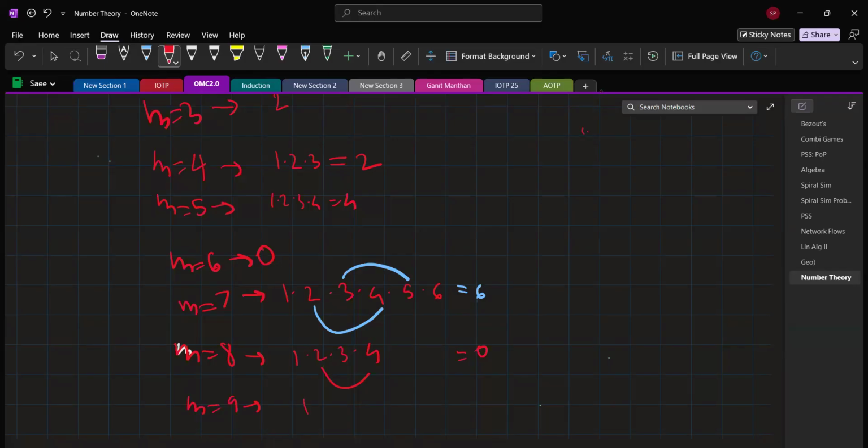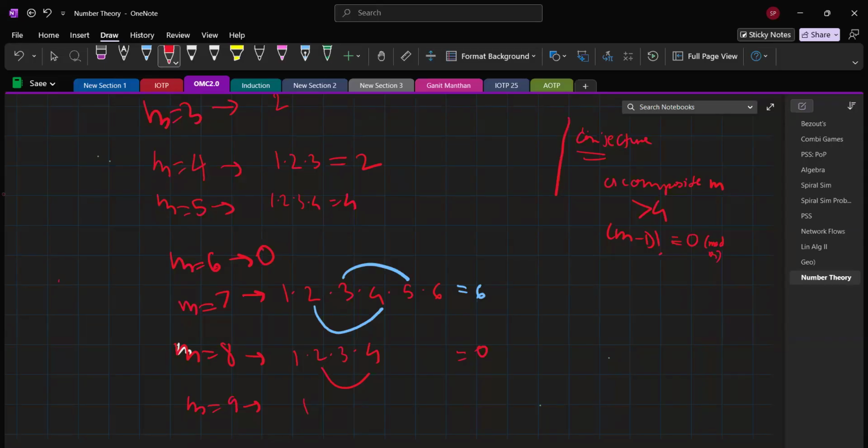So now we can conjecture that if we have a composite number m greater than 4, then m minus 1 factorial has to be 0 mod m. It intuitively makes sense because if it's composite, then surely you will have two smaller factors that multiply to it, and it should work out.